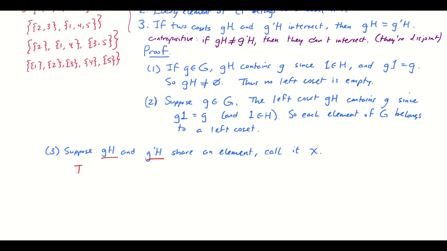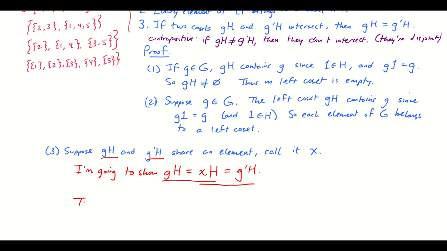That is, I'm going to show that GH is exactly the same set as XH, the left coset containing X, and then that's also the same as G'H. So here's how it's going to go. We're going to start by proving this equality, and then the exact same reasoning will prove this equality. And if these two sets are equal, and these two sets are equal, then this set and this set have to be equal.